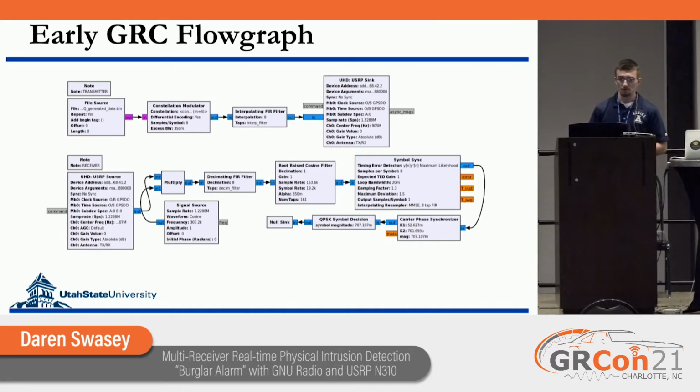This is the GNU Radio flow graph that we used for the majority of the testing. It's fairly simple. The top half is the transmitter, where we use pre-recorded IQ data sent through a QPSK modulator. On the bottom half, we receive through the USRP N310.